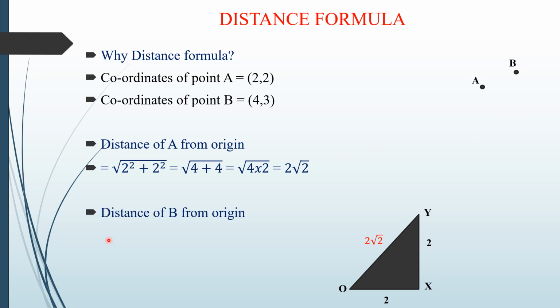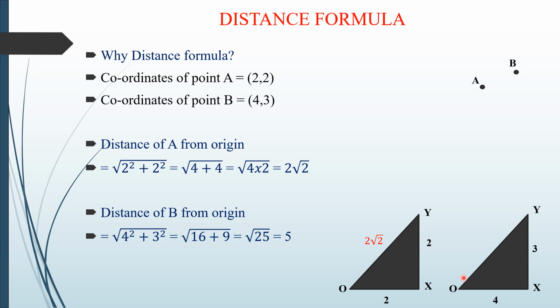Similarly, the distance of point B from the origin we can easily find out. Its x-coordinate is 4 and y-coordinate is 3. Therefore, this distance would be the square root of 4 square plus 3 square. That would give me the answer as 5 units. But what is the distance between A and B?